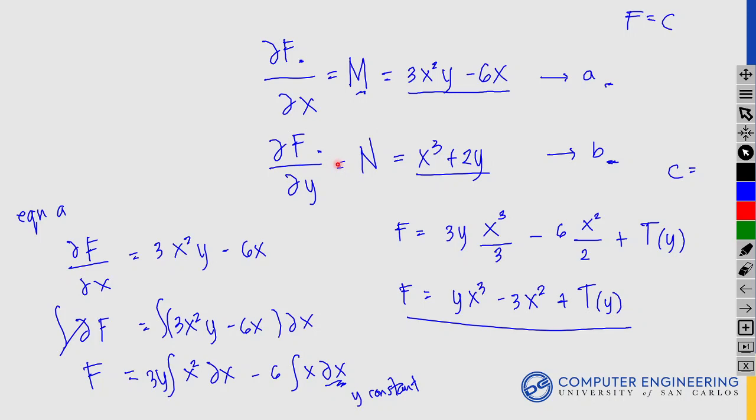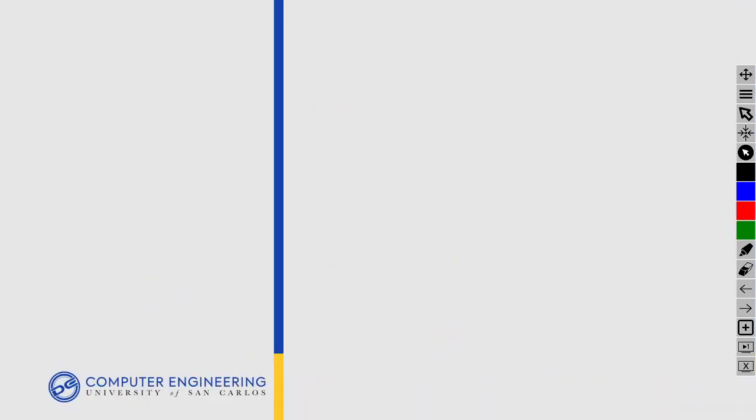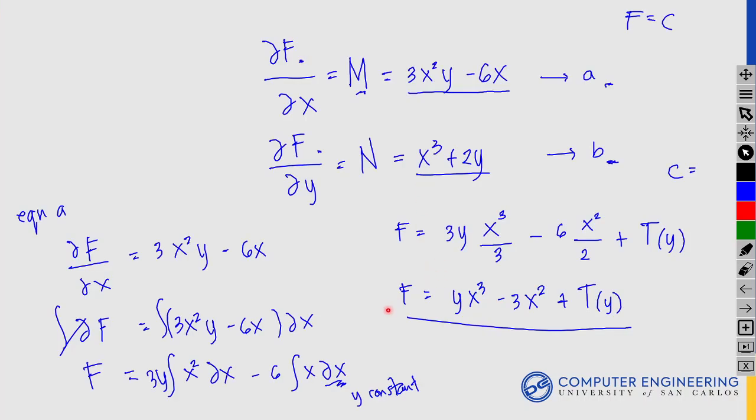The assumption for exactness is that these two partial derivatives are equal to each other. But we know that f, if we differentiate this with respect to y, will be equal to the left side or right side.